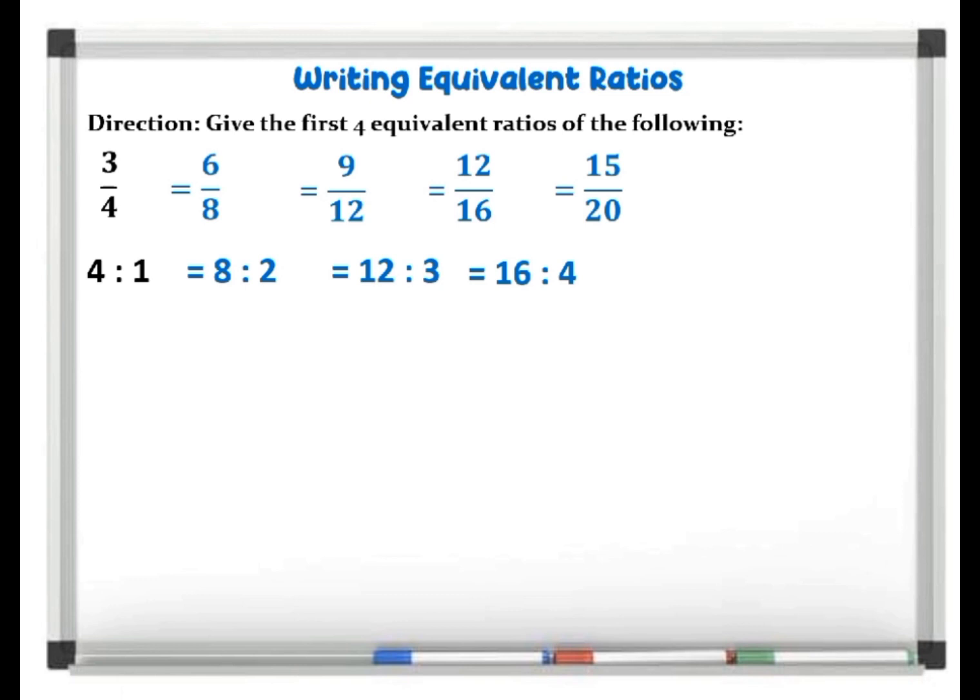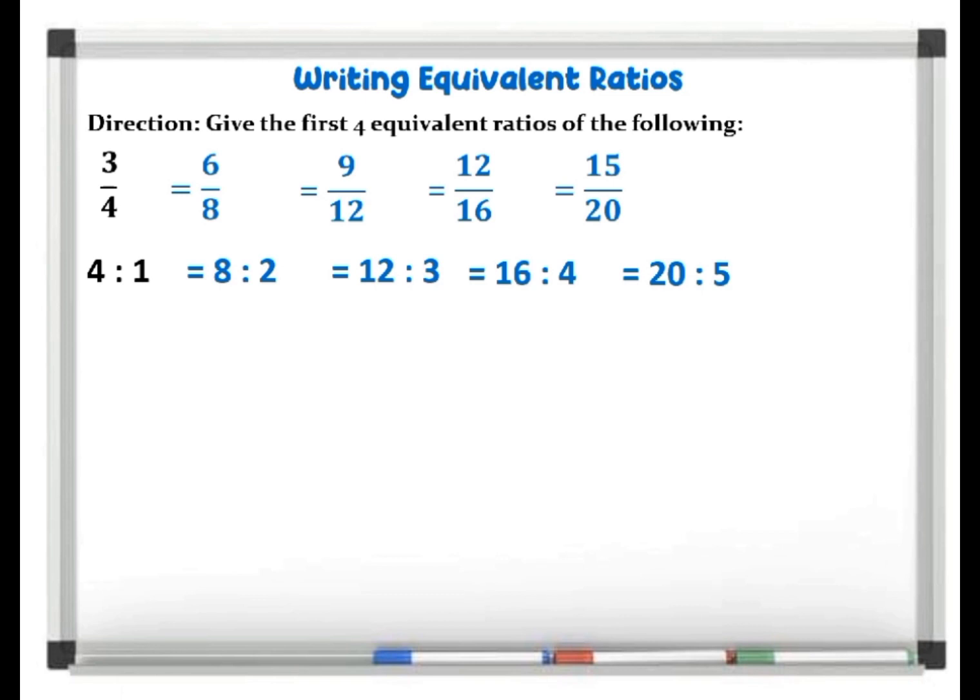Okay, next, multiply naman natin ang 4:1 sa 5. So, 4 times 5, the answer is 20. 1 times 5, the answer is 5. So, these are the first 4 equivalent ratios of 4:1, and they are all equivalent ratios.